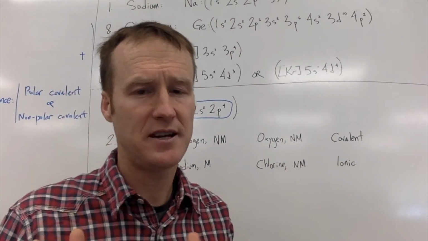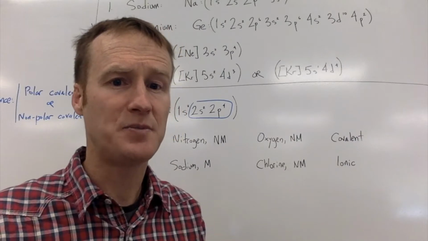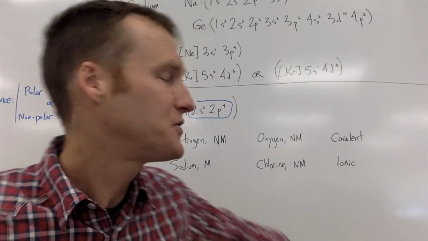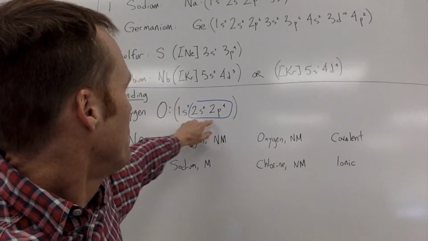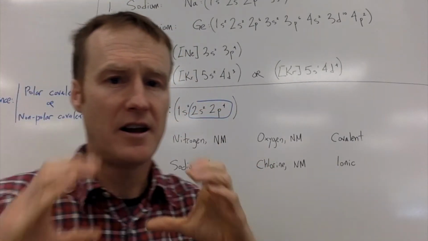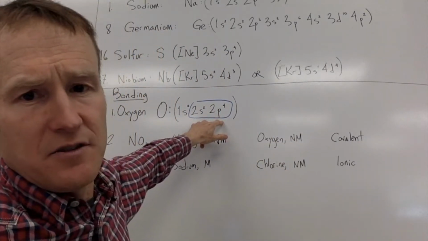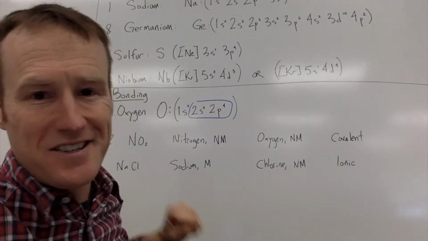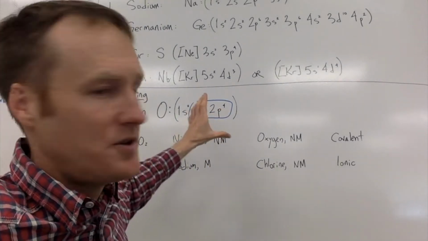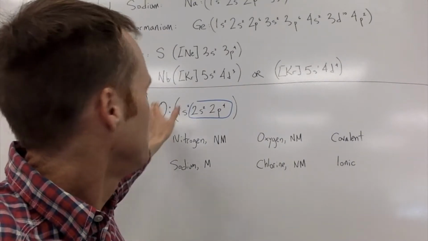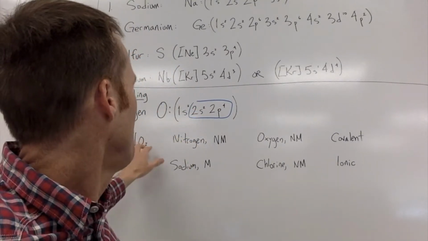Subshell 2s has space for 2 electrons, 2p has space for 6, but we only need to put electrons in 4 of them. So what it ends up with is 1s2, 2s2, 2p4, and I put a circle around the 2s and the 2p subshells. In other words, shell number 2 is being circled. They're all like that, so I'm only going to review one.